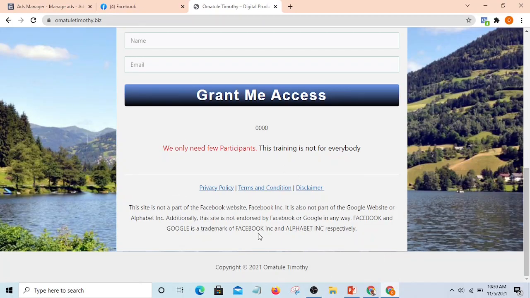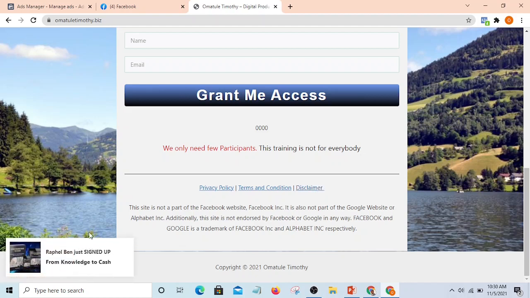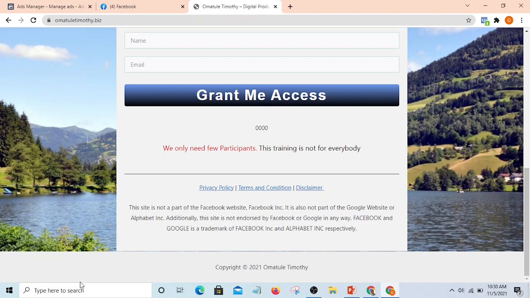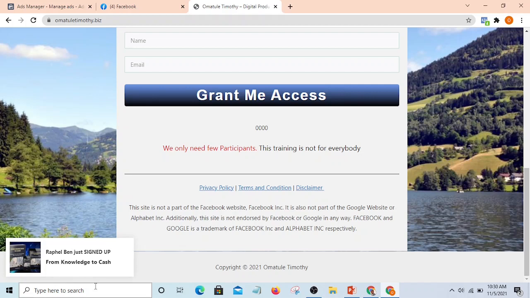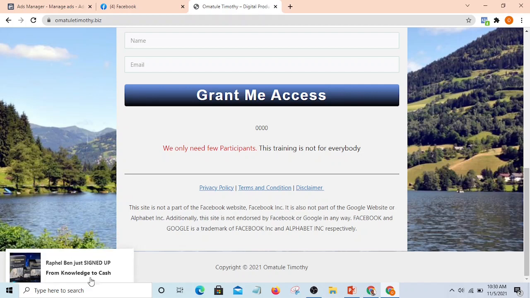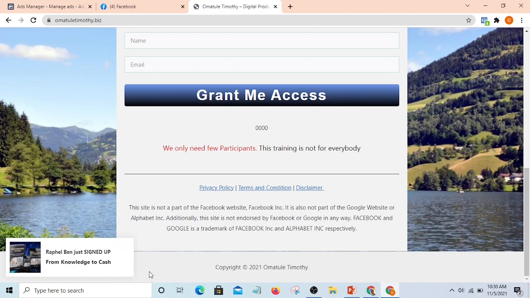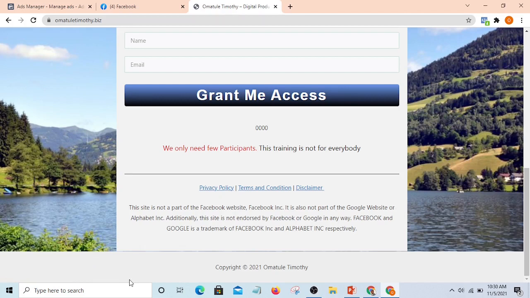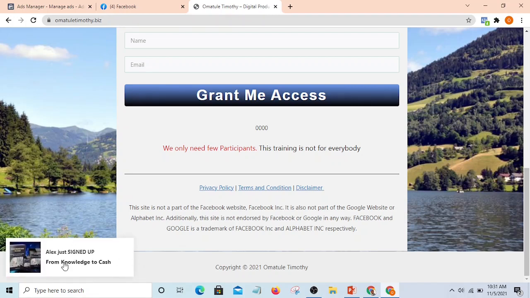So if you arrive on a landing page like this and you see a notification showing that someone has bought this product, and you are seeing a number of people that have bought the product, you will feel that a lot of people are buying this product, that if you don't buy, you are losing out. That is fear of losing out, fear of missing out. That's what we call FOMO. It increases rates of conversion.